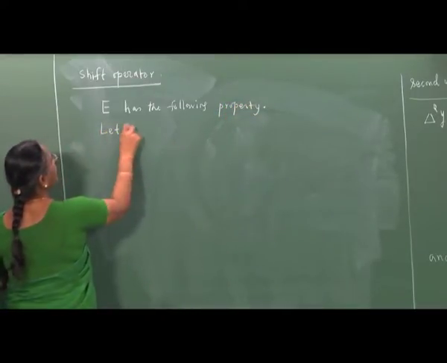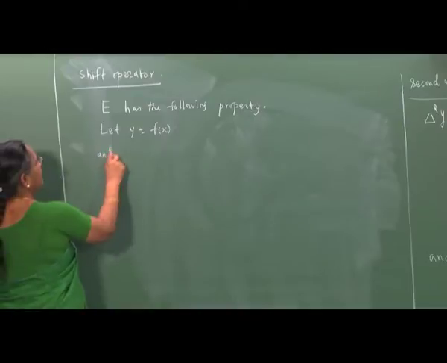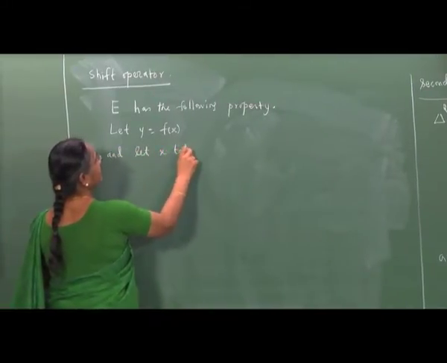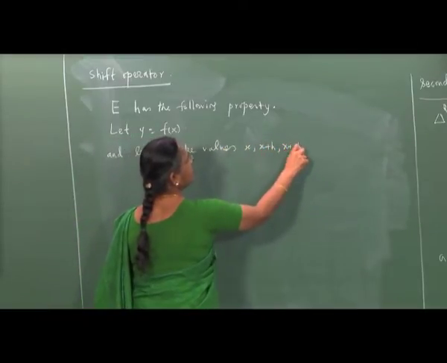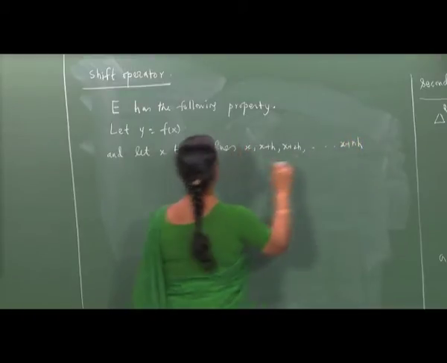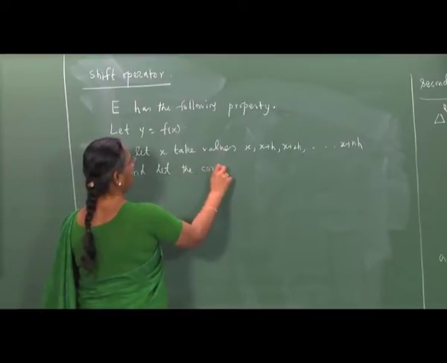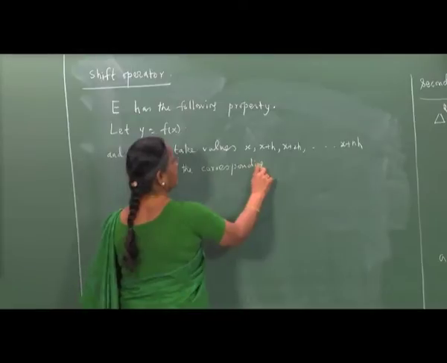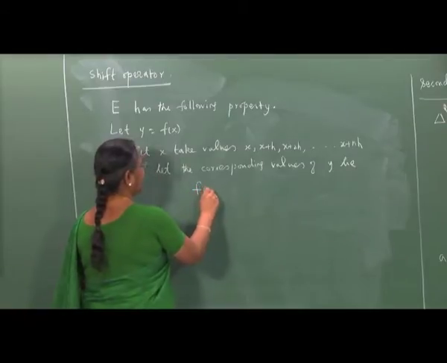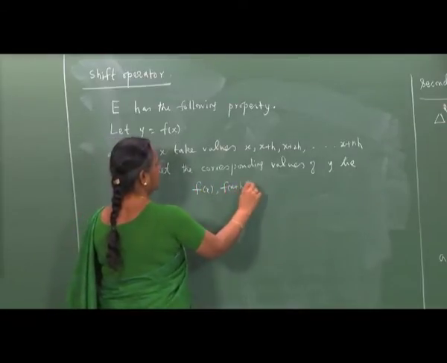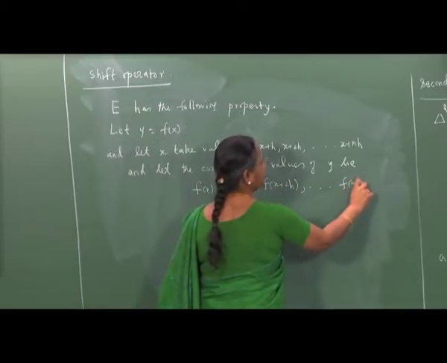Let y be equal to f of x and let x take values x, x plus h, x plus 2h and so on, x plus nh, and let the corresponding values of y be f of x, f of x plus h, f of x plus 2h, and so on, f of x plus nh.